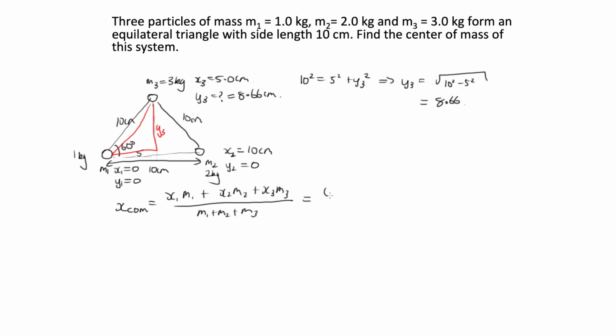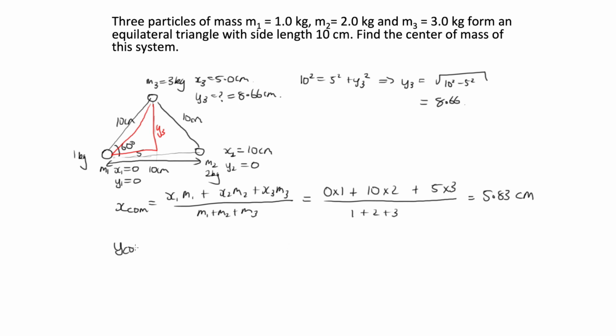So we've got 0 times 1 plus 10 times 2 plus 5 times 3, over 1 plus 2 plus 3. So this is over 6. We've got 20 plus 15, 35 divided by 6. Solving that gives us 5.83. And that's centimeters, because this was centimeters times kilograms, and we're dividing by kilograms.